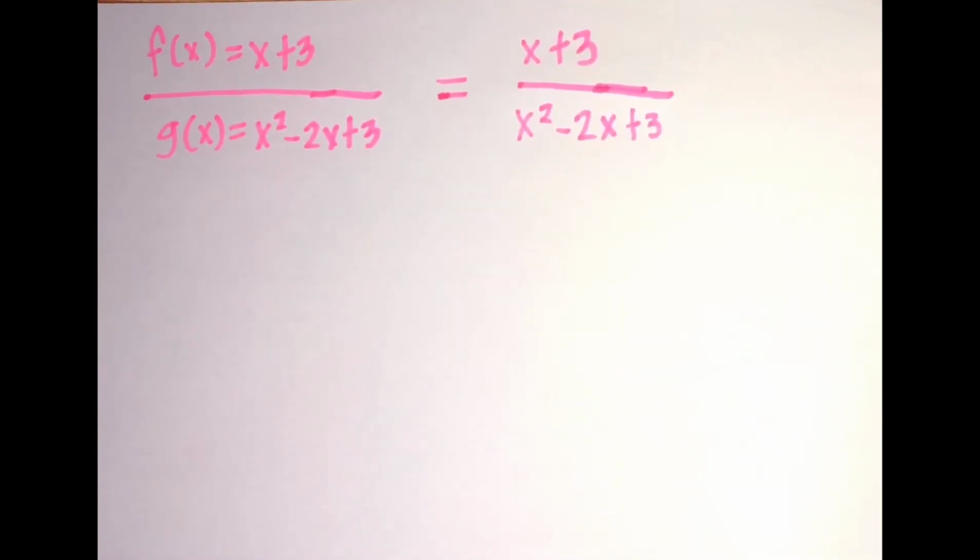For our letter D, we cannot divide our f of x and g of x because it is not compatible. Therefore, our f of x and g of x will remain.